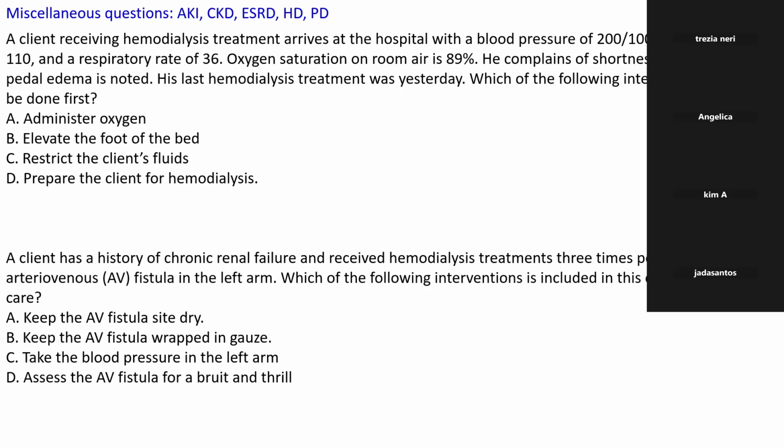The first intervention should be to provide immediate treatment with oxygen to treat the hypoxia. We can also elevate the foot of the bed to reduce edema, but it's not going to be the first priority for this patient.